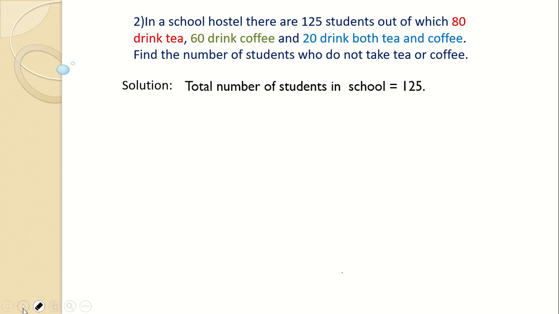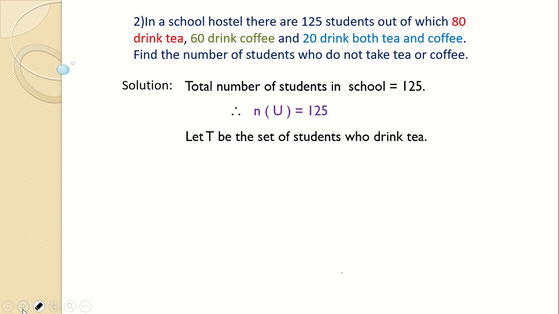The total number of students in the hostel is 125. So this is, we can say, the universal set. I have denoted the total by the letter U because I don't want to confuse it with T. Let T be the set of students who drink tea. You can use A, B, C, D, anything that you like.